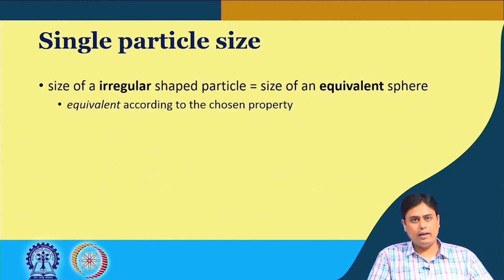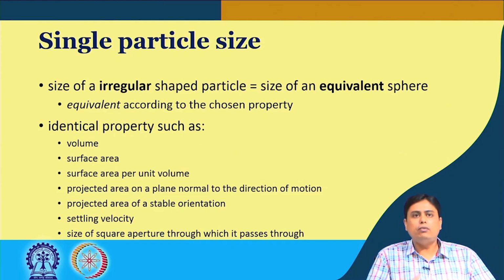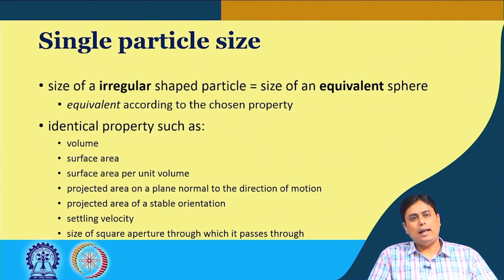This equivalent definition depends on the chosen property, with which property you want an equivalent sphere. For example, that identical property can be equivalent volume: you calculate the volume of the irregular shaped particle and then the diameter of a sphere with the same volume, which you can easily calculate, and that gives a size of the irregular shaped particle.